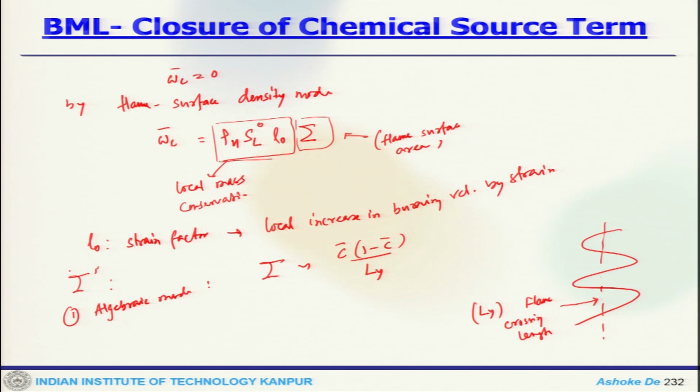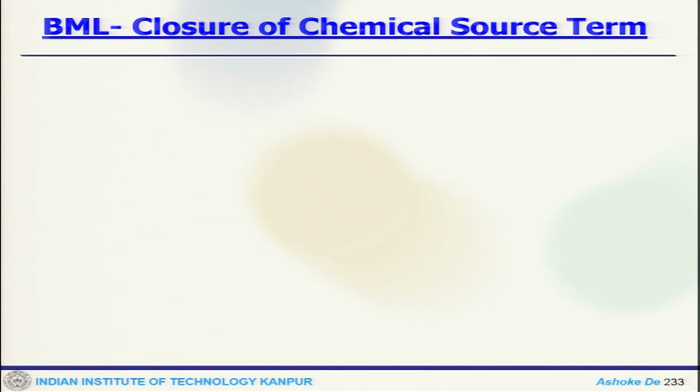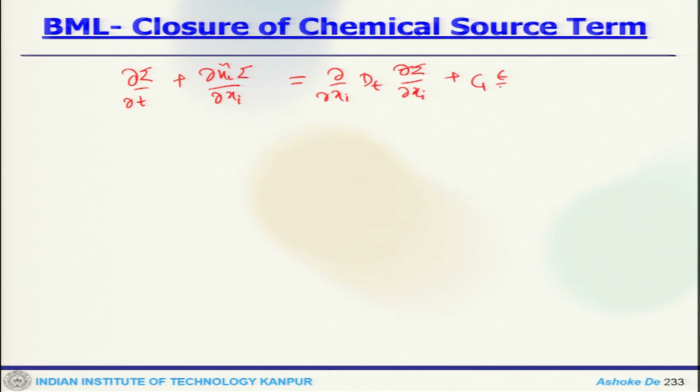So, this is a simple expression one can use for this, or one can use the transport equation. So, that is another option one can use to close this model. The transport equation would be in terms of sigma: del sigma by del t plus del u i sigma by del x i equals del by del x i of (Dt del sigma by del x i) plus C1 epsilon by k sigma minus C2 SL sigma square by (1 minus C bar).